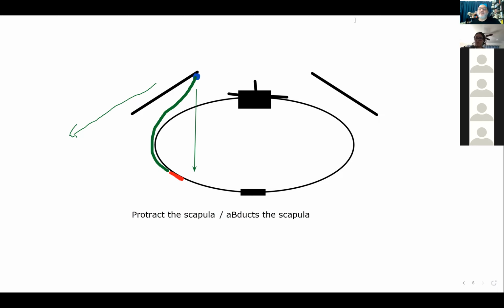But remember, we also want to have tension in our muscles most of the time. And when there's tension in this muscle, the other thing that it does is help to hold the scapula against the ribs. This helps to stabilize the shoulder.